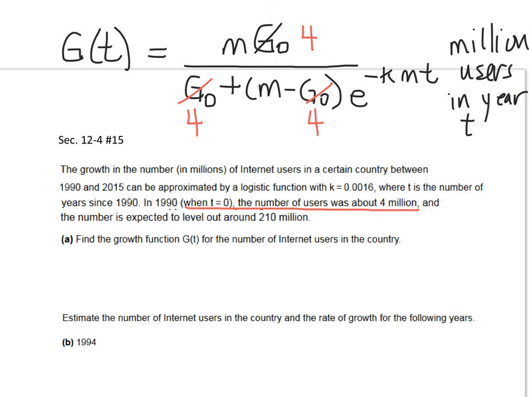And then we need to also think about what m is. M is the maximum possible size. And the problem also tells us what that value is. It says the number is expected to level out around 210 million. So m is 210.